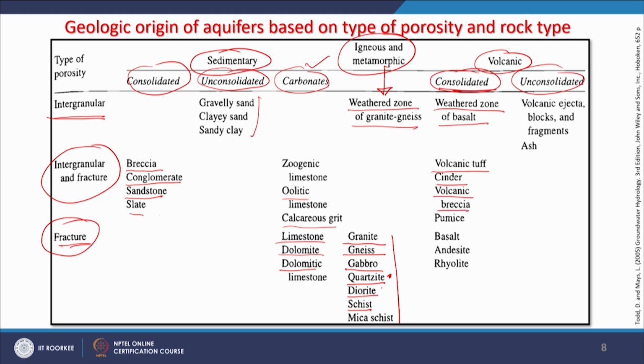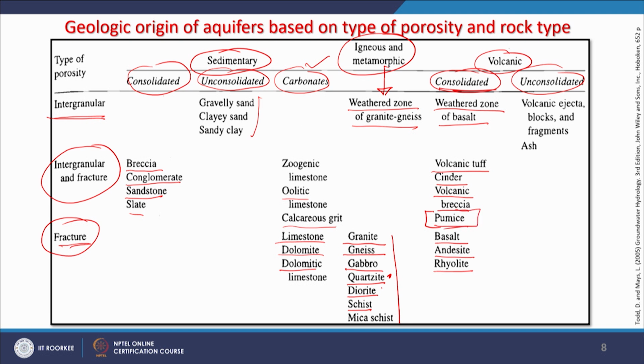These are all volcanic rocks: volcanic breccia, pumice is also a volcanic rock, with very high porosity but may not have very good permeability, basalt, andesite and rhyolite. Let me give you just a general knowledge point about pumice.